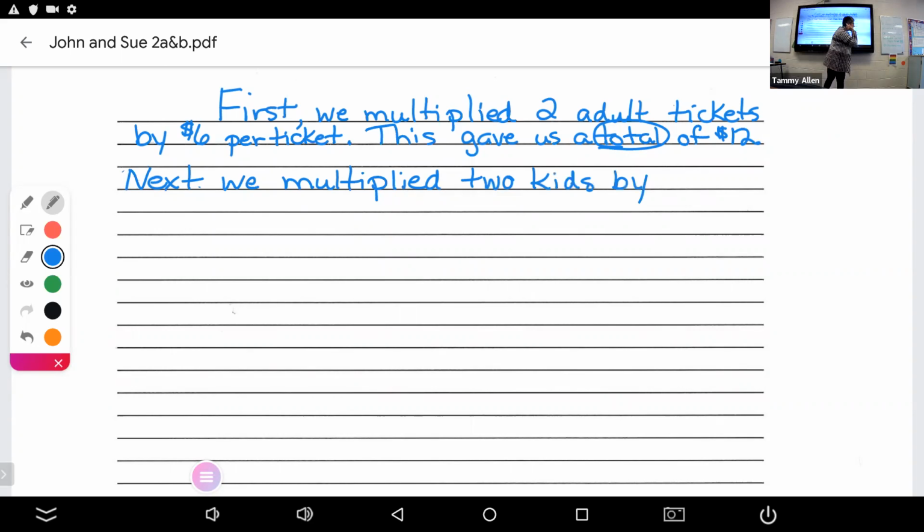By what? Follow that up with? Then we added four bucks. Follow that up with? We got $7 for a product of $7.